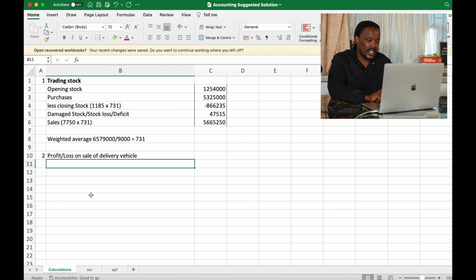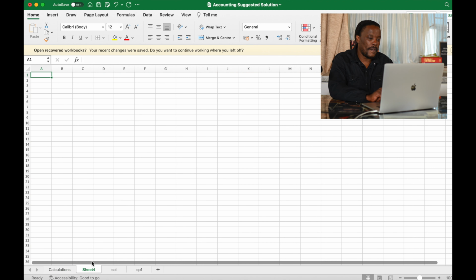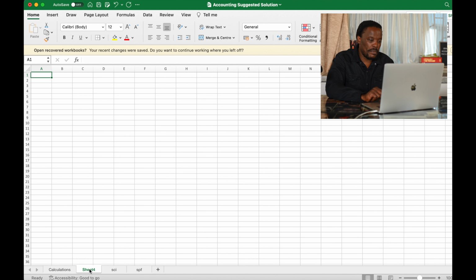Now let's look at sale of delivery vehicle. I would also like to rename this and say general ledger. Some of the students would like to see these things in the general ledger, such that, let me be quick and do that.